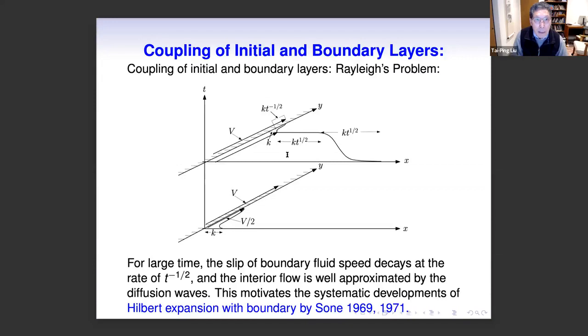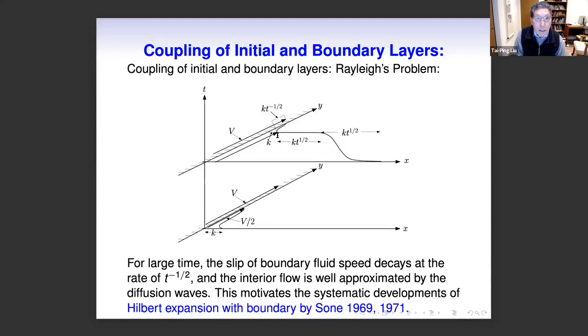And then the gas near the boundary will move with the boundary velocity v, and then gradually settle down at the far field to the original zero velocity Maxwellian.